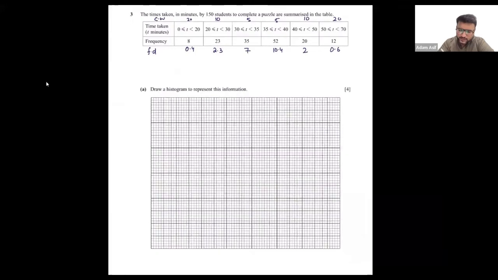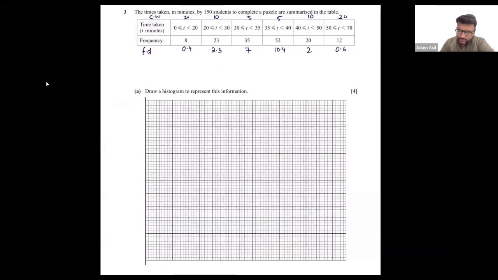The vertical axis is going to be for frequency density. The horizontal axis is for the quantity that was being measured, that is time. Yes, now frequency density is frequency divided by class width.